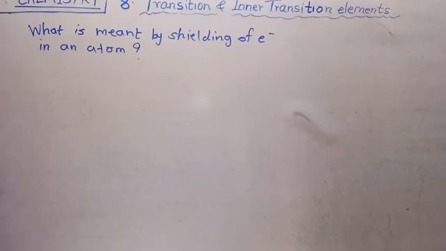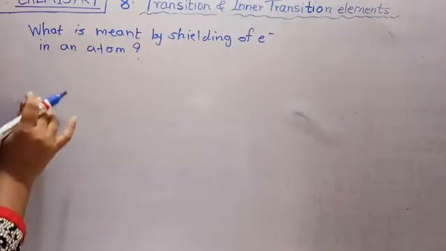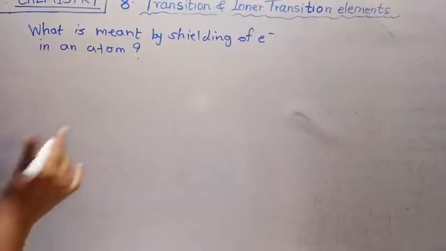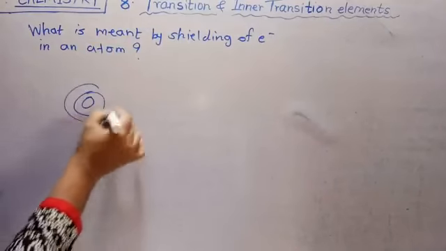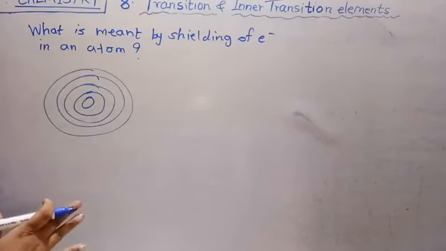Electron shielding refers to the blocking of valence shell electrons. See here, this is the nucleus. There are shells present outside the nucleus.